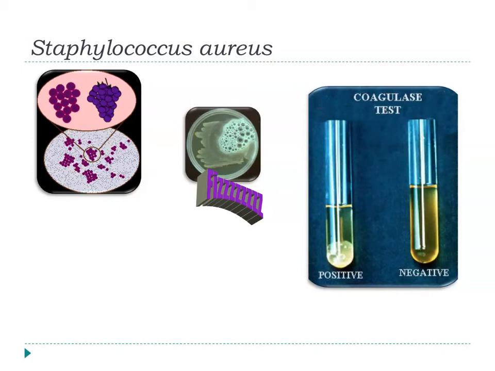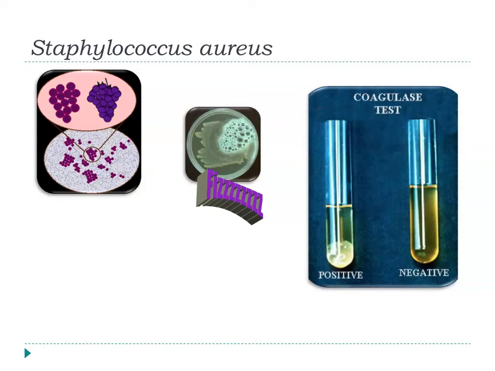To actually identify it in the lab when it's growing, if we see a gram-positive coccus and we want to be certain it's a Staphylococcus rather than a Streptococcus, we apply some hydrogen peroxide and it fizzes away. And this is a sign that there is this enzyme catalase being produced. And then once we've got to that stage, we do this coagulase test.